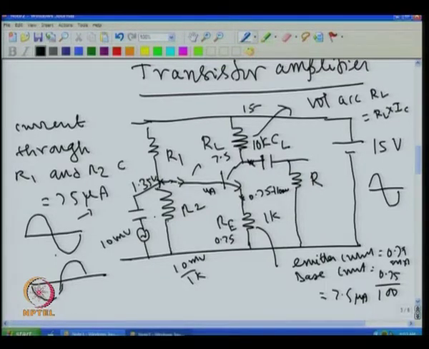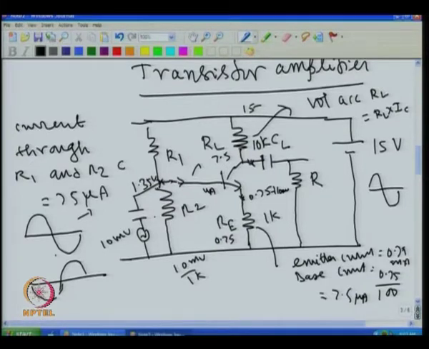Then I should select these two resistances. That selection depends upon what voltage I have to keep here. If I have to fix this voltage, I know this and this differ by only 0.6. So, to fix these resistors, first I fix the voltage at this point, invariably at half the supply voltage. If it is 15, I will fix it at 7.5.